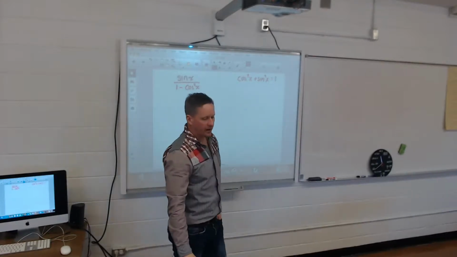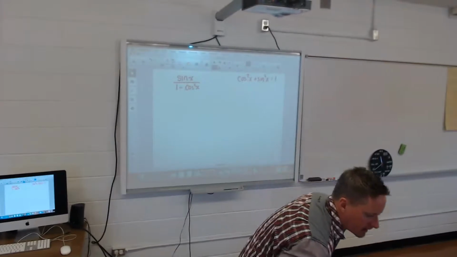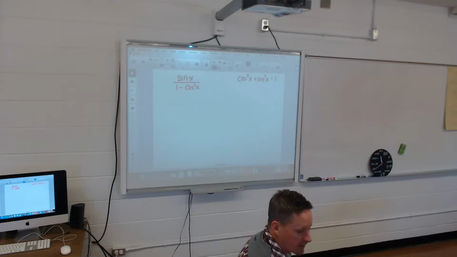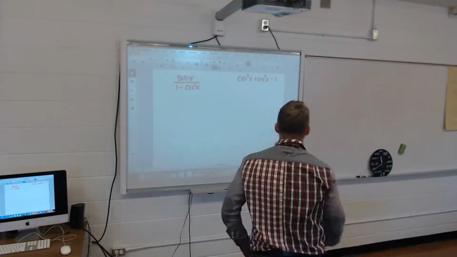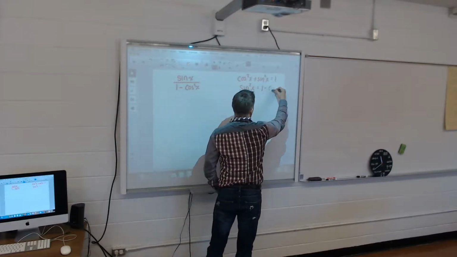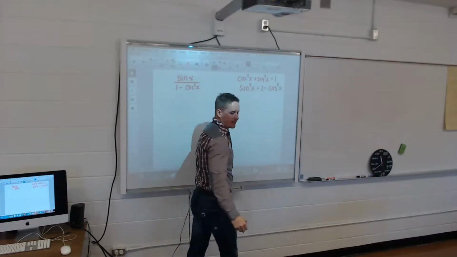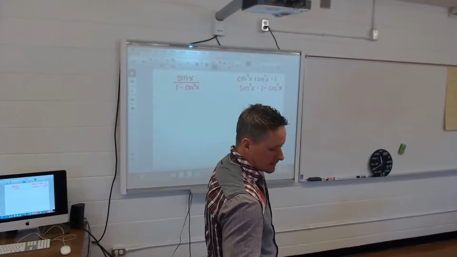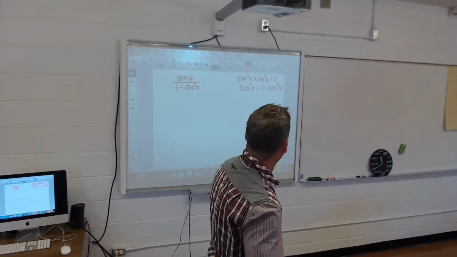Okay, Rory, the very first identity that we're looking at is called the Pythagorean identity, and that's cos squared x plus sine squared x equals 1. That's the first thing that we learned in this, right? So if I arrange that differently, if I take the cos squared and I move it to the right side, I'm left with sine squared x is equal to 1 minus cos squared x.